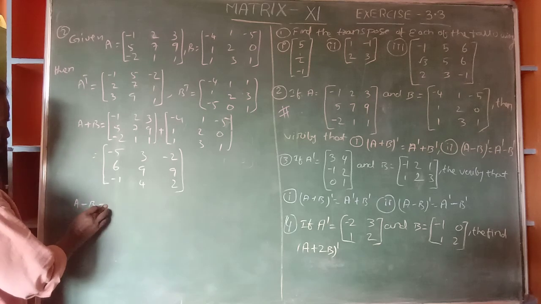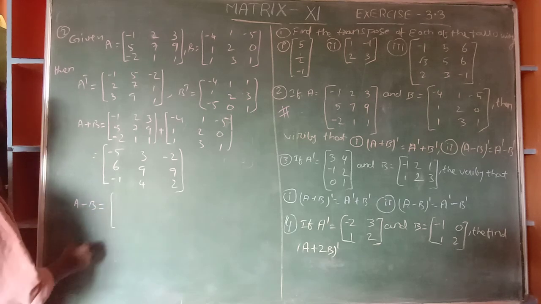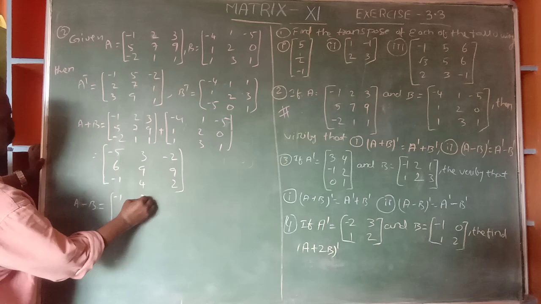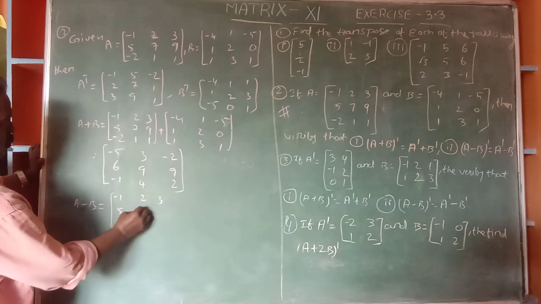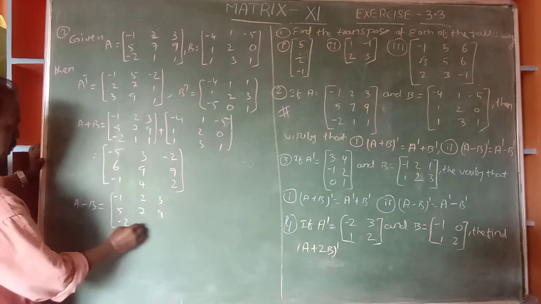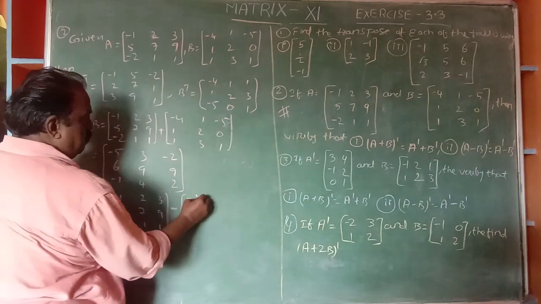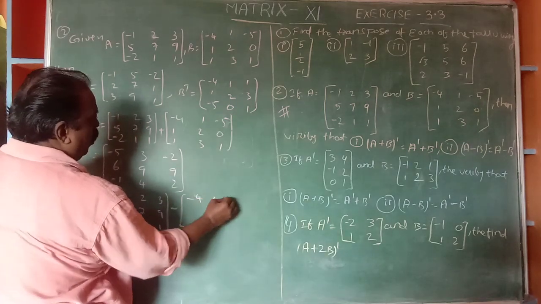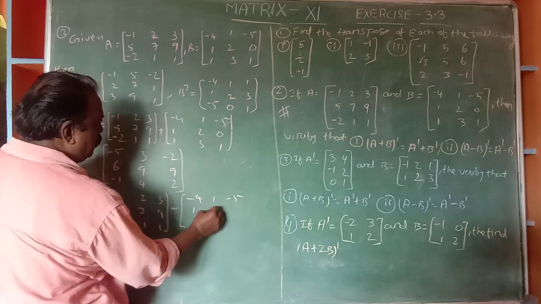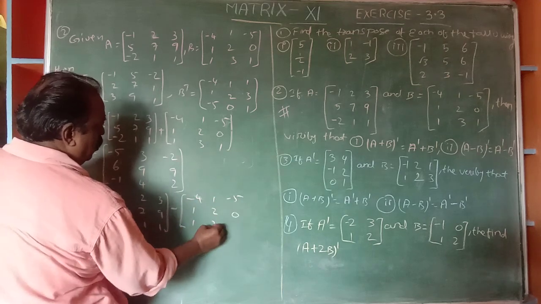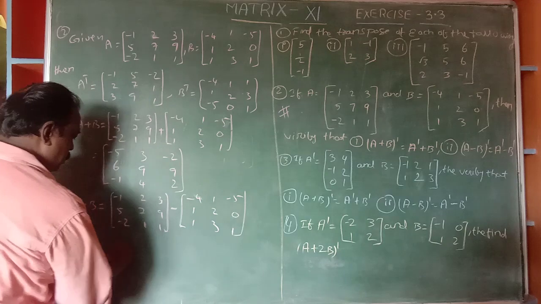What is A minus B? Same: A is minus 1, 2, 3; 5, 7, 9; minus 2, 1, 1, minus B, which is minus 4, 1, minus 5; 1, 2, 0; 1, 3, 1.